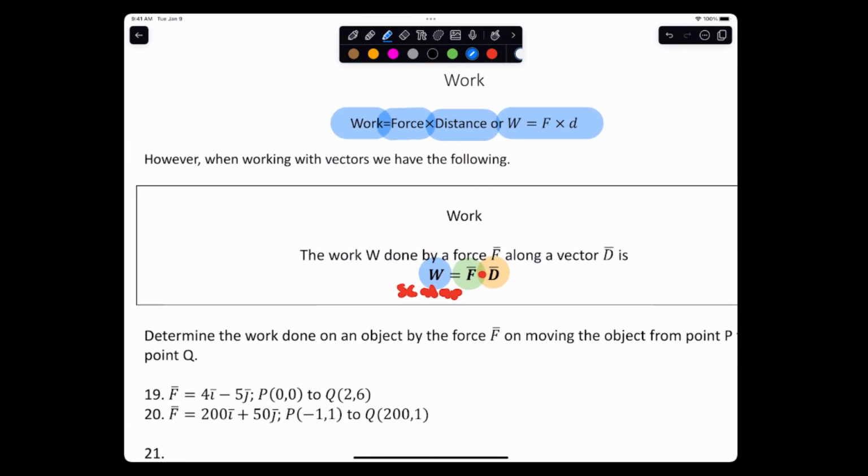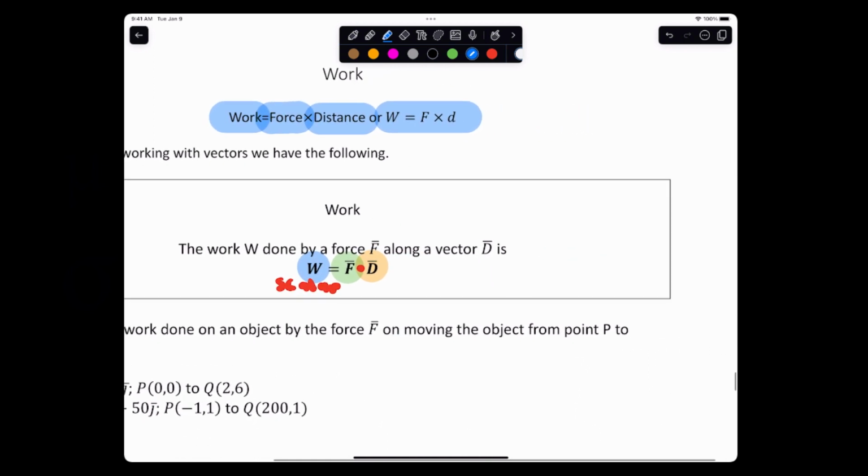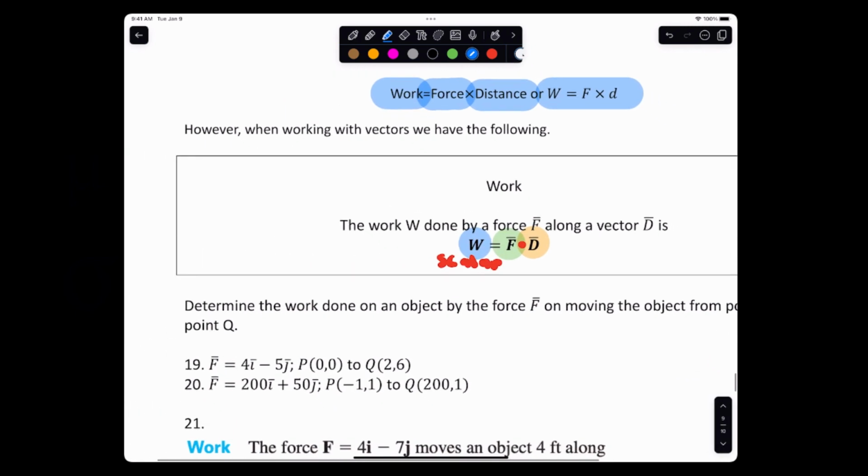And so very often, you might say, can you compute the work done on an object by the force F? Force is represented by a vector. And you just move the object from one point to another point here.